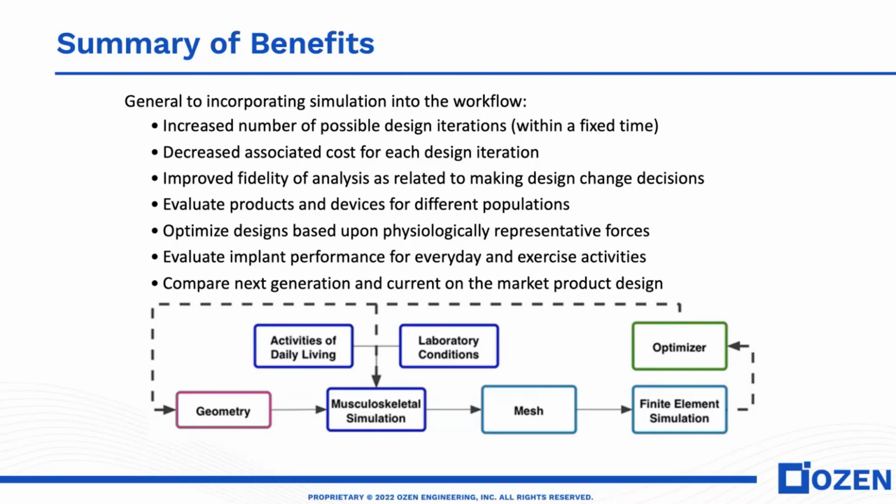And you can decrease the cost of each design iteration, meaning the cost of prototypes. You can improve fidelity of analysis as related to making design change decisions. You can evaluate products and devices for different population groups, like we discussed in the previous slide.